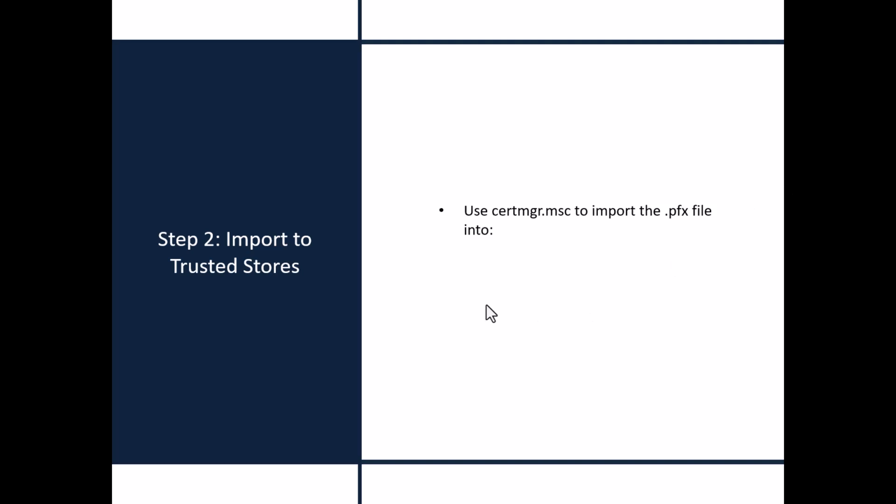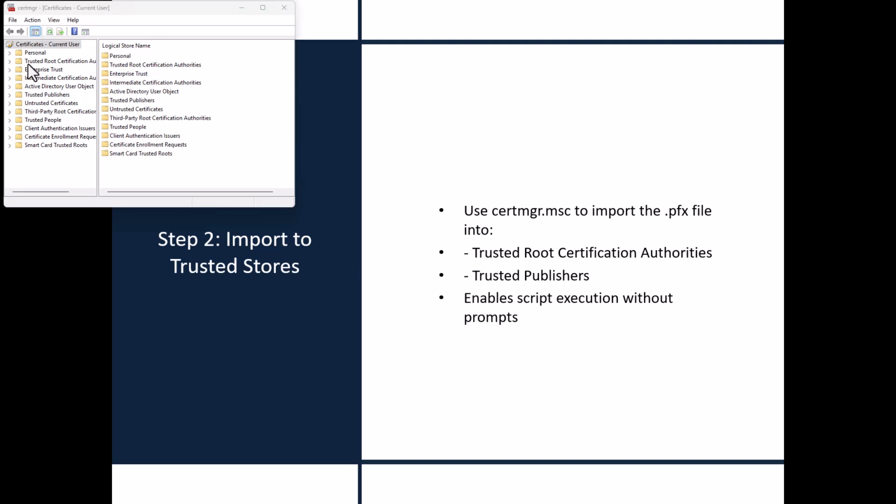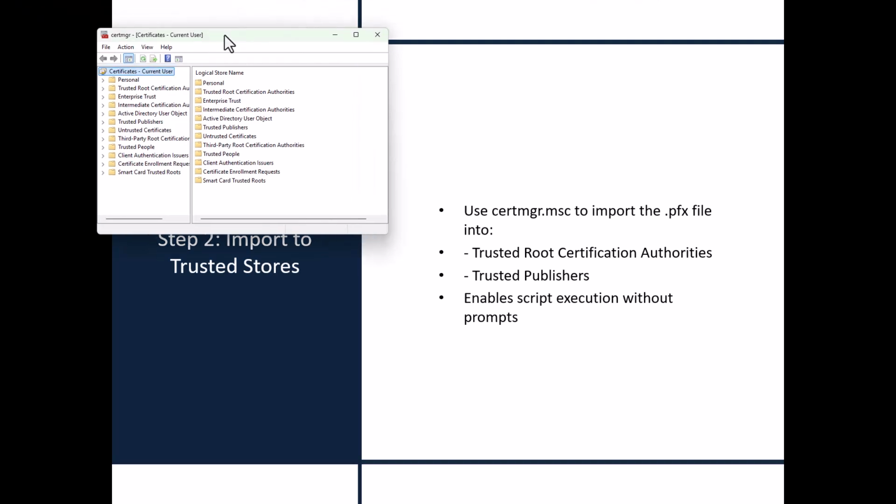Import to trusted store: use certmgr.msc to import the PFX file into trusted root certification authorities and trusted publishers. I have again opened certmgr.msc, certificates current user, and I will use it to import the PFX file into trusted root certification authorities and trusted publishers.